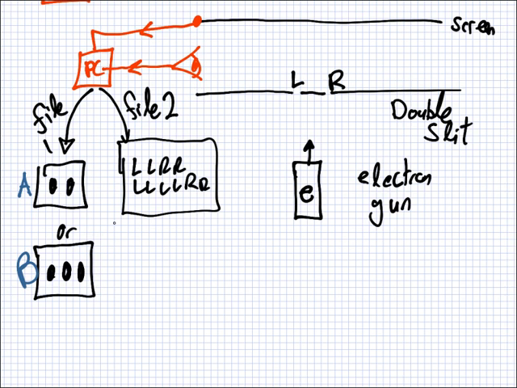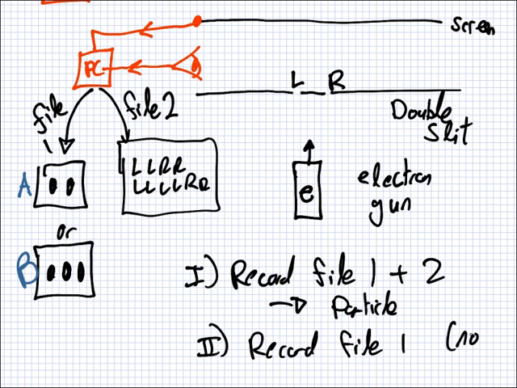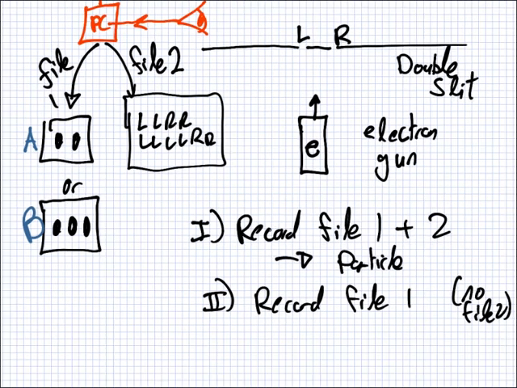Okay? So if you record file 1 and 2, you will get situation A. You'll get a particle. Situation 2, you only record file 1 and you have no file 2. So you turn this off. What will you get?